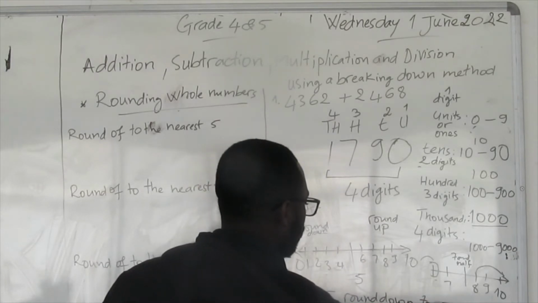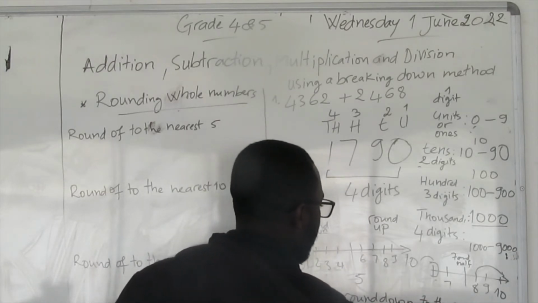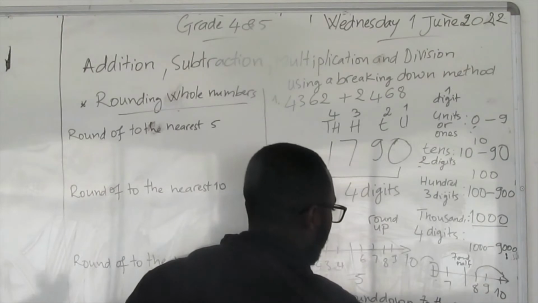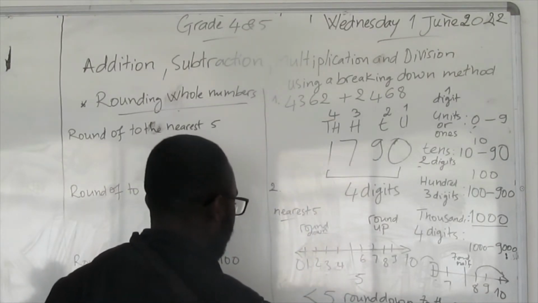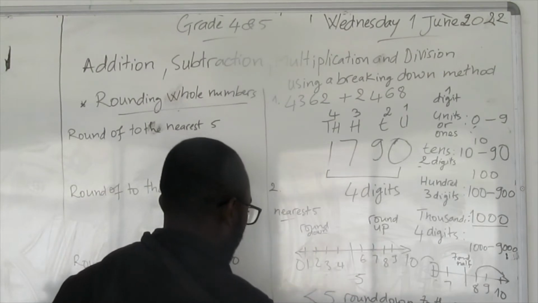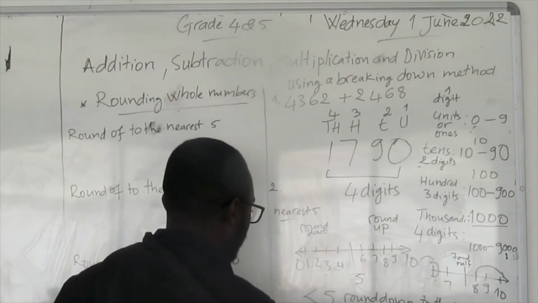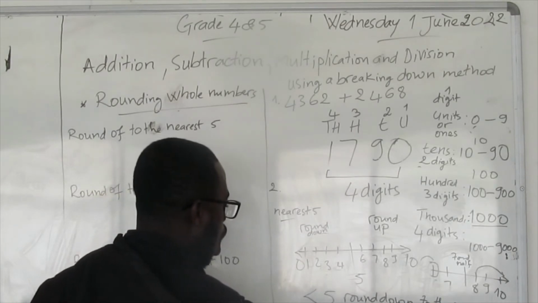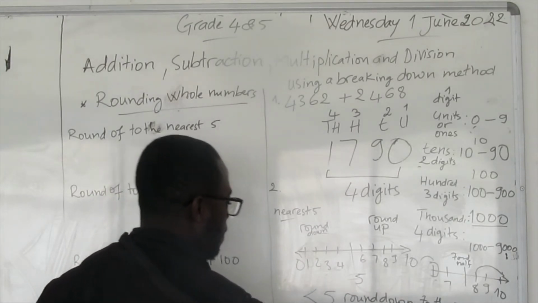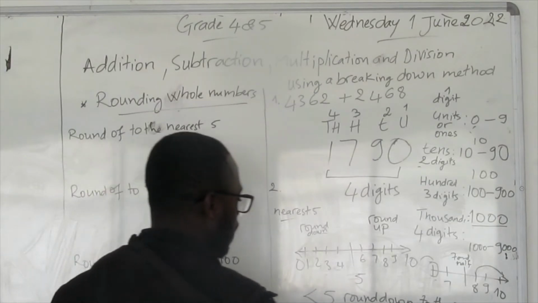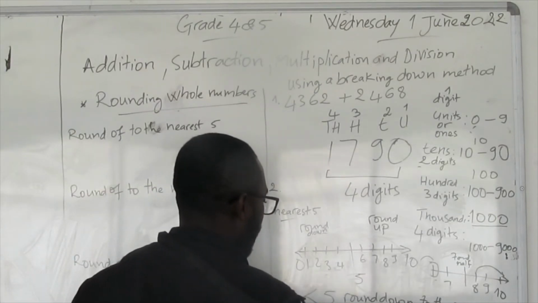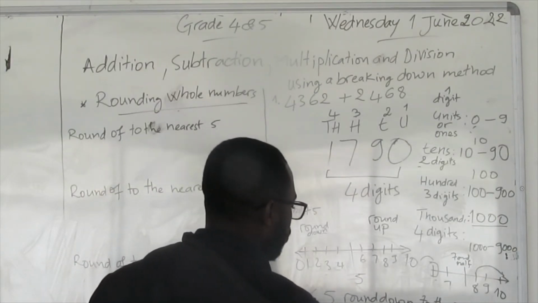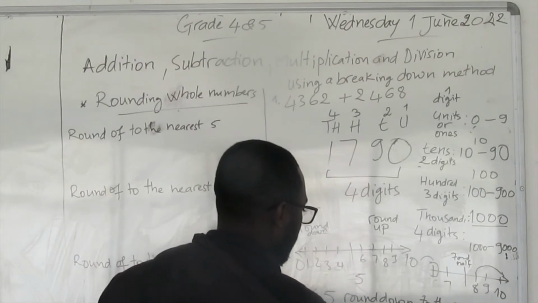To the previous 10. If the number is equal to 5 or more than 5, you do what? Round up to the next 10. More than 5, you do what? You round up to the next 10.